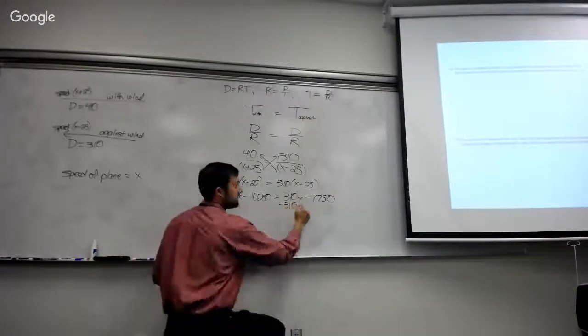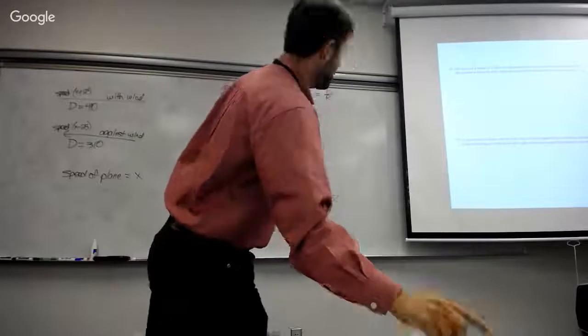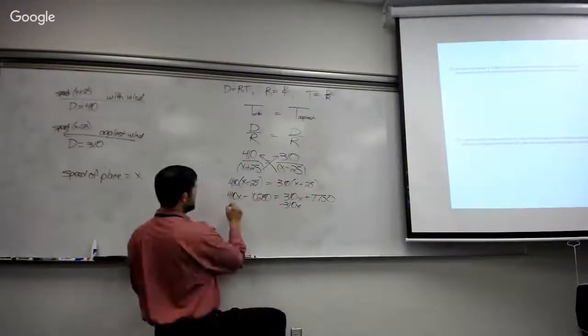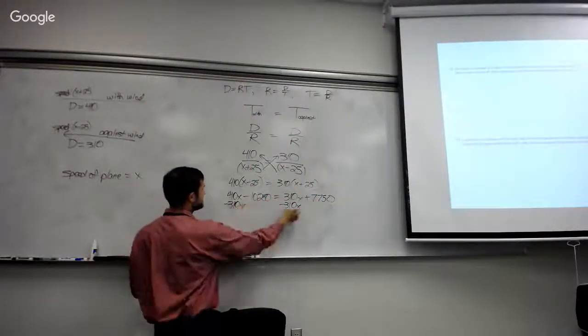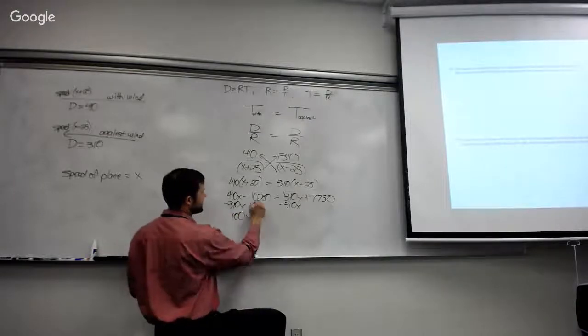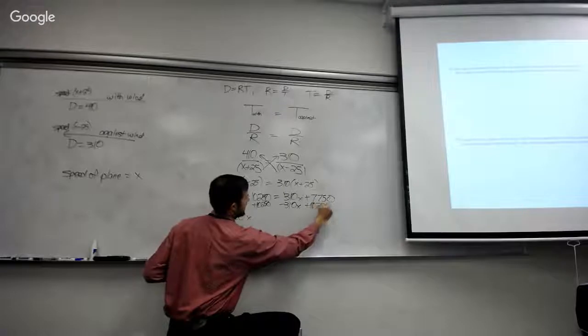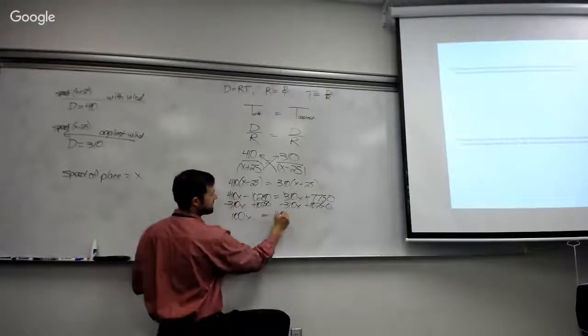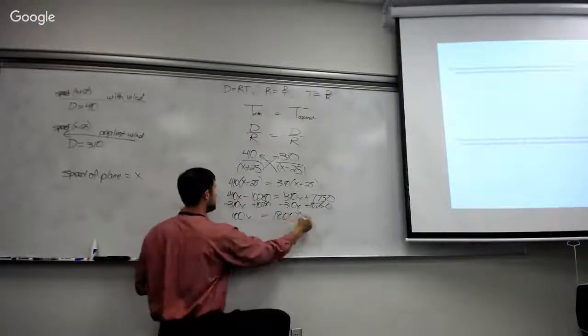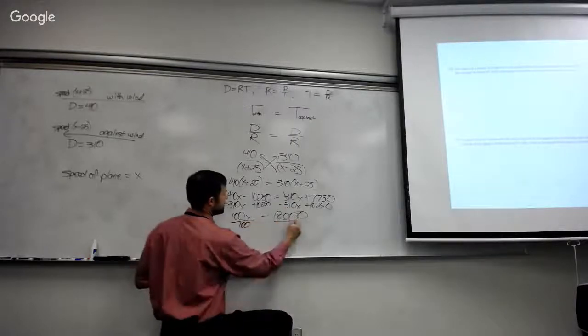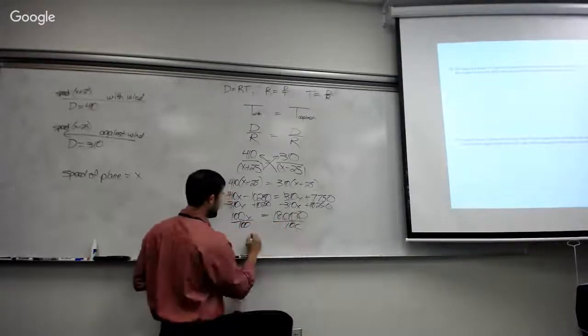Okay, so then we subtract the 310x. That gives us 100x, and then we add the 10,250. And that gives us 18,000. All right, and then dividing off the 100, did everyone get 180? Okay.